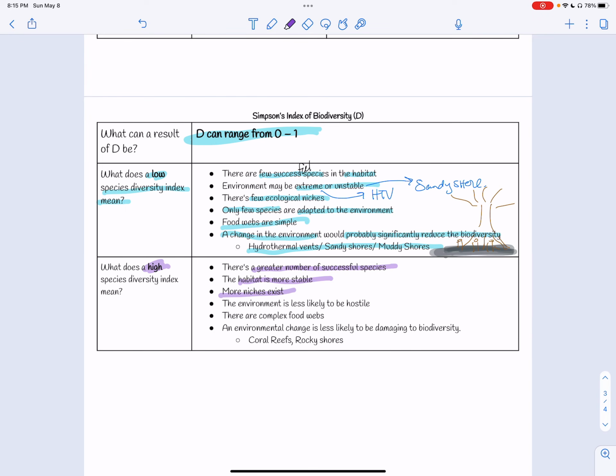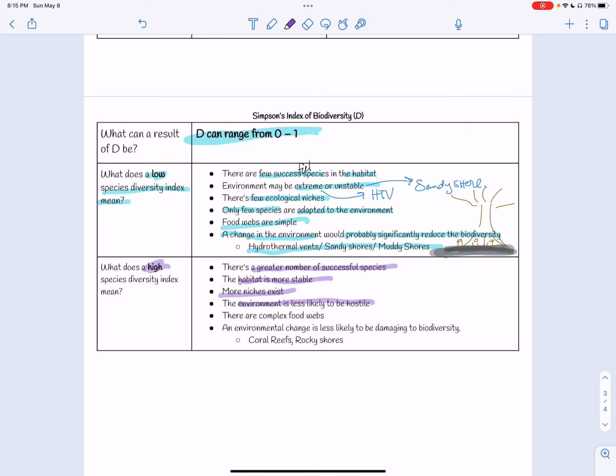More niches or more roles will exist, and the environment is less likely to be hostile. There's probably going to be ample sunlight, perhaps a sustainable amount of food. The oxygen is always going to be available. It won't be under really high pressure. It won't be acidic. The pH won't fluctuate like crazy.